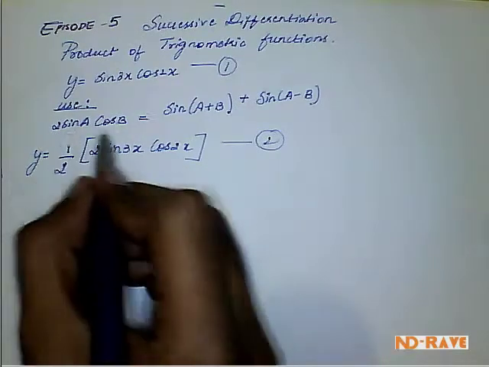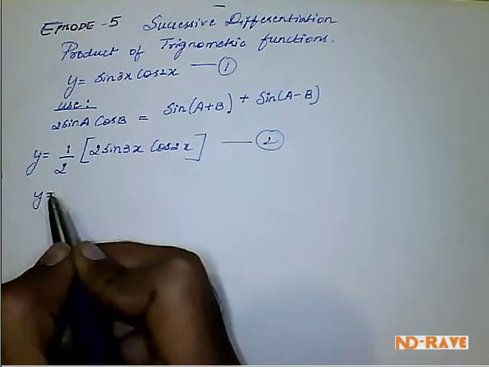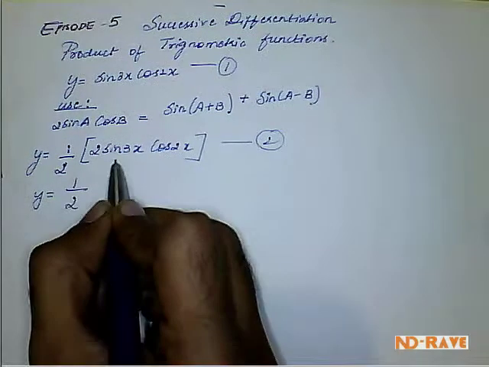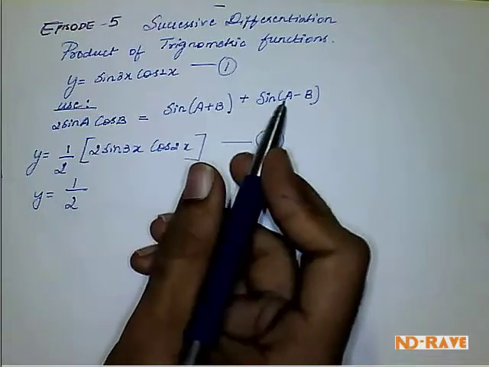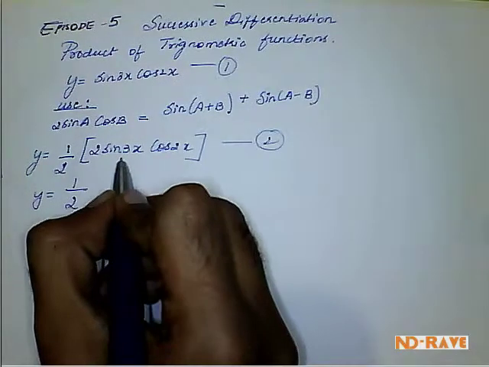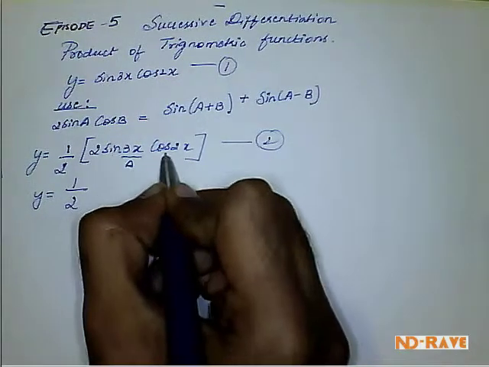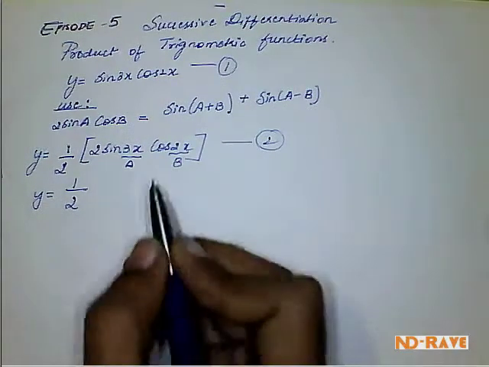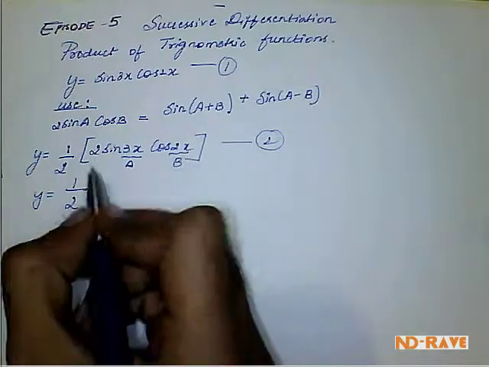So now using the above equation, I can write y is equal to half, which remains as it is, and 2 sine a cos b can be written as sine a plus b plus sine a minus b. But what is a here? a is 3x, and b is 2x. So a plus b, that is 3x plus 2x, gives you 5x.